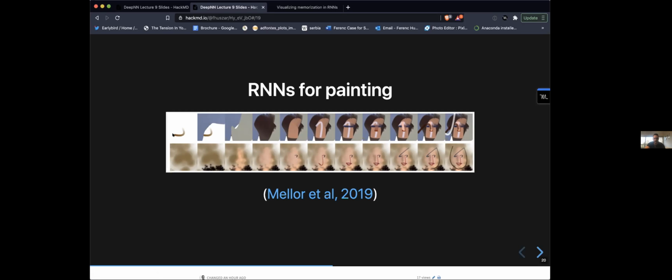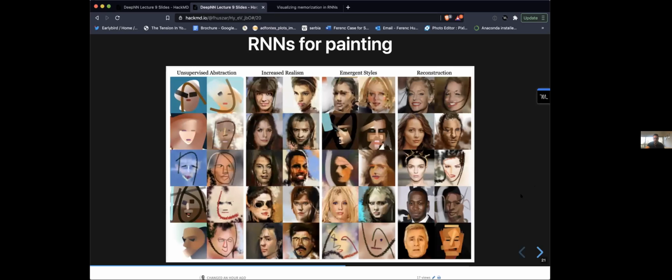And it might be parameterized by a Bezier curve, or the strength with which you're pushing the pencil, or the color that you're using, or the brush type. So here it's shown two sequences of such brush strokes that if you apply them in a particular order, something like a face gets drawn by the network. And here are some more examples of this network drawing faces.